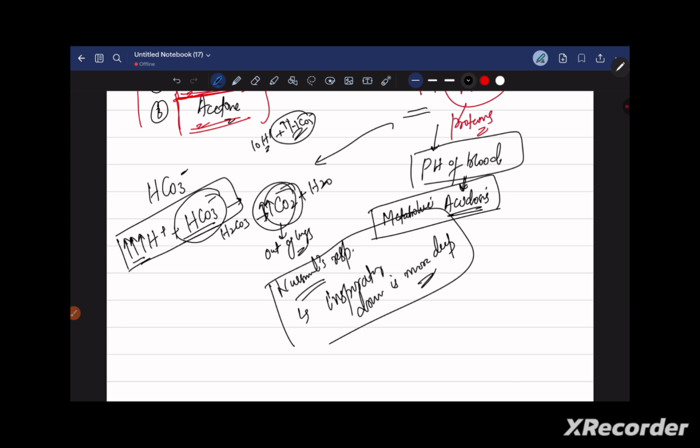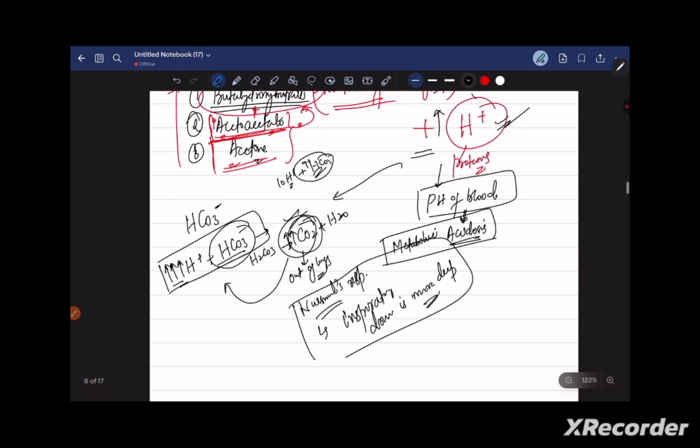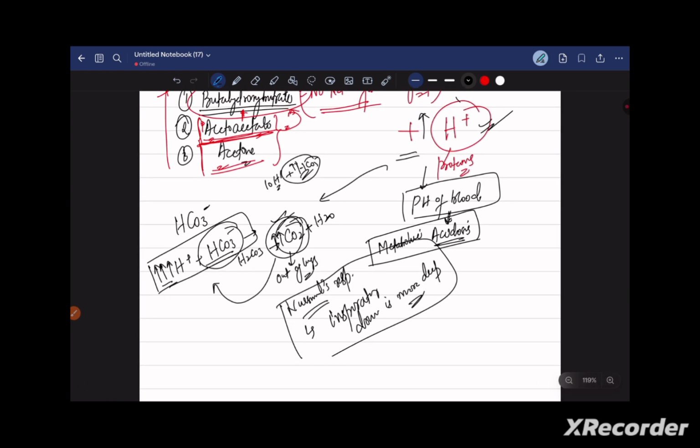This hyperventilation, the increased removal of carbon dioxide, is a compensatory mechanism to the metabolic acidosis. So whenever you are dealing with a case of diabetic ketoacidosis, you will see Kussmaul's respiration, meaning deep inspiration and shallow expiration. This you have to remember.